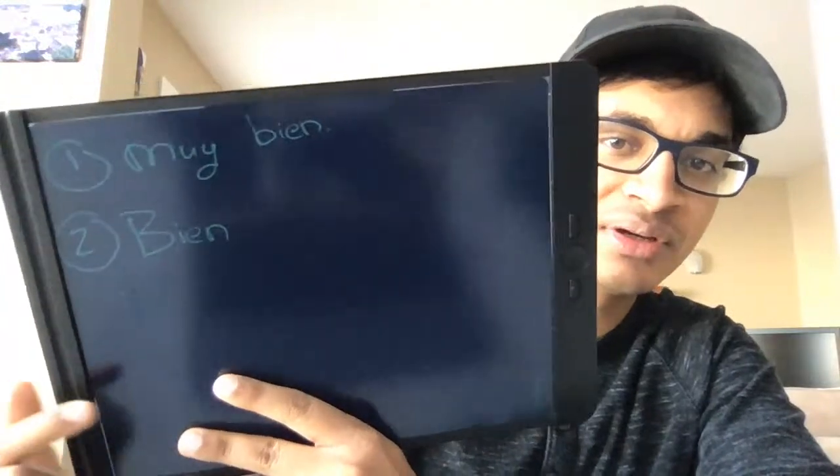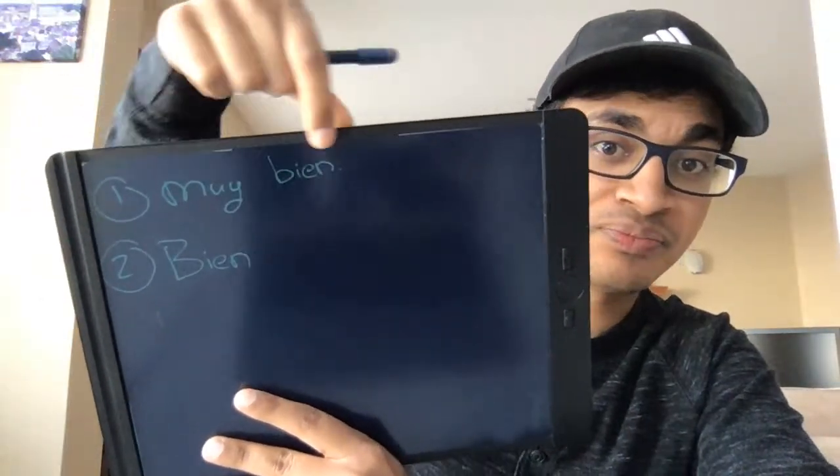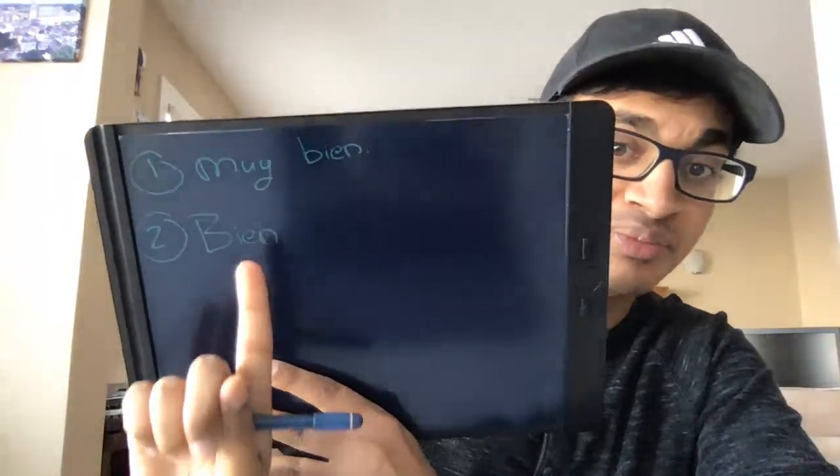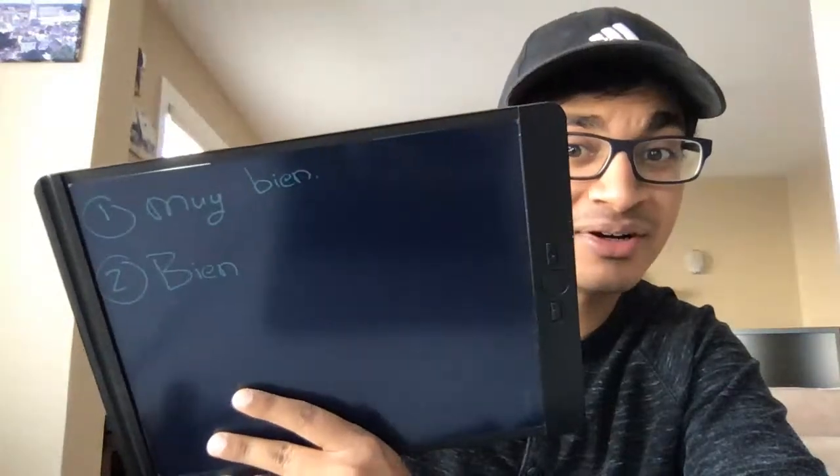Your second option is you can simply say bien. Muy bien means very good, so bien simply means good. Easy peasy, right? Not hard at all. The other two options are to answer in a more full sentence if you prefer.